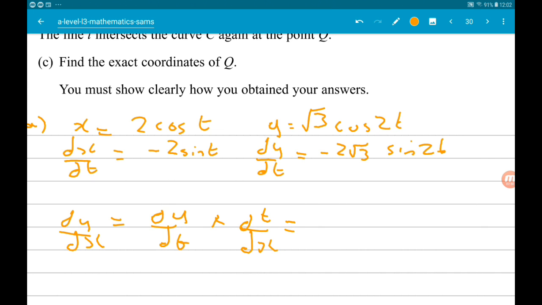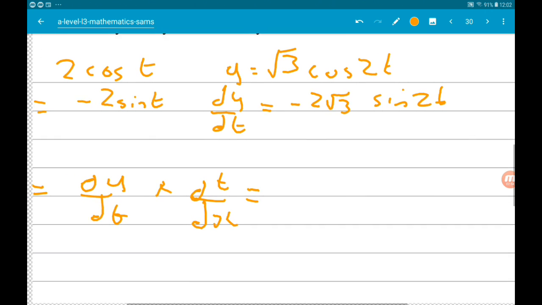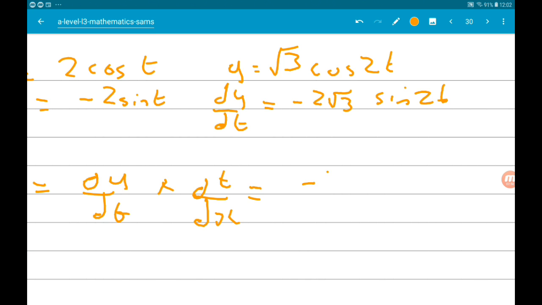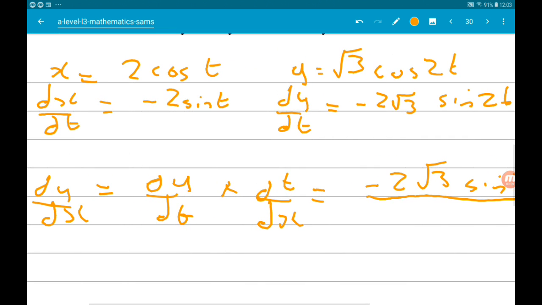Now that is going to give us minus 2 root 3 sine of 2t over minus 2 sine of t.